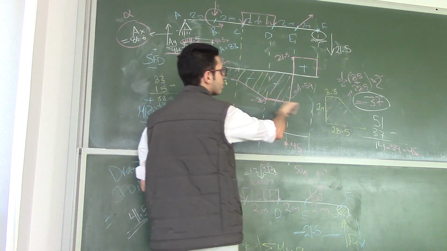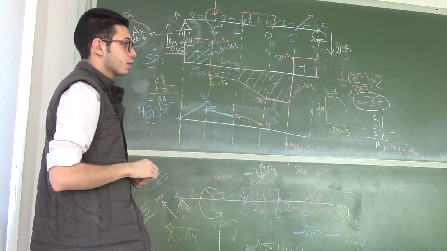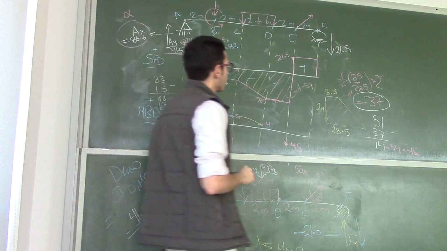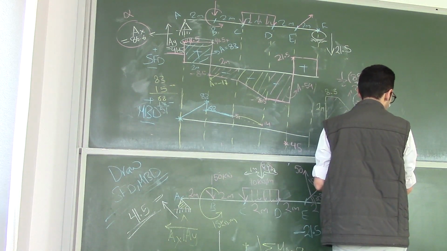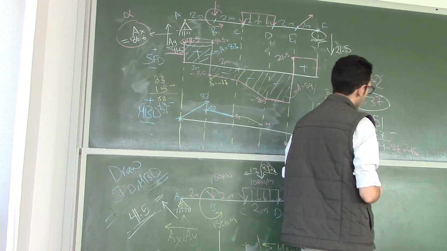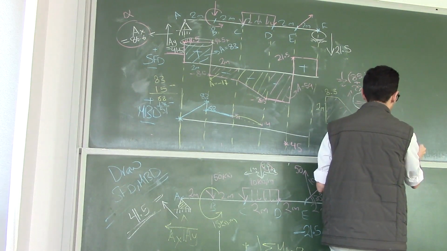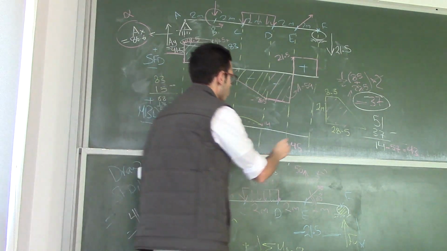And the line here is a constant, so it's a line.